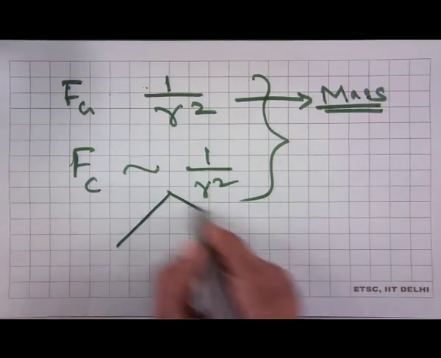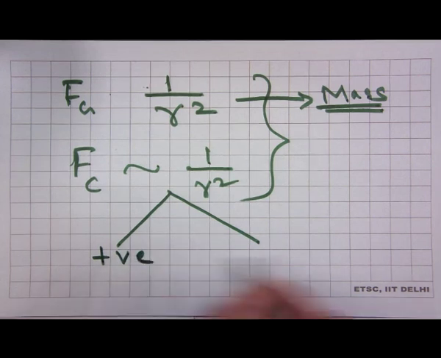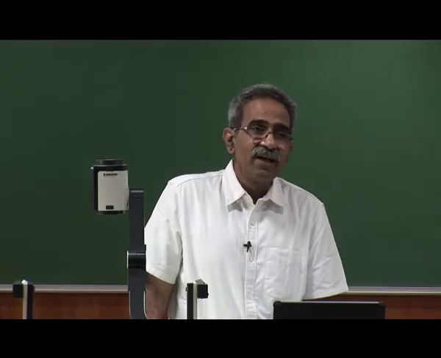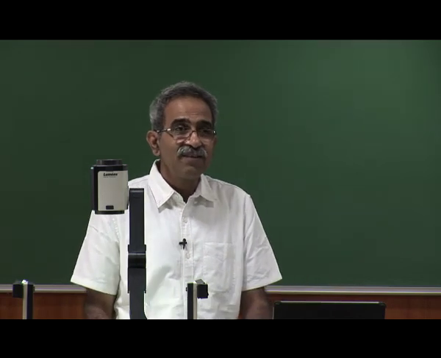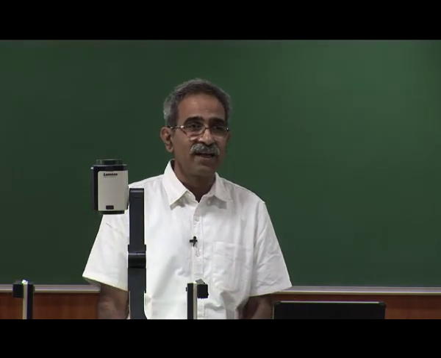Whereas when it comes to electromagnetic, we know there are two kinds of charges, the positive charges and the negative charges. Like charges repel each other, positive charges repel each other, negative charges repel each other, and positive and negative charges attract each other. And of course, if a body does not have any charge, it does not have electromagnetic interaction.